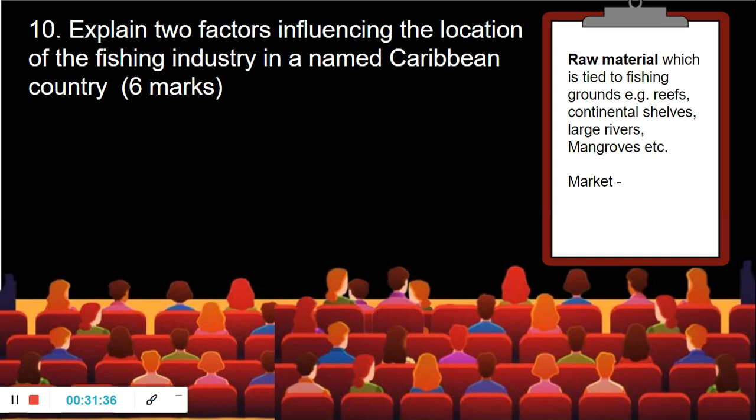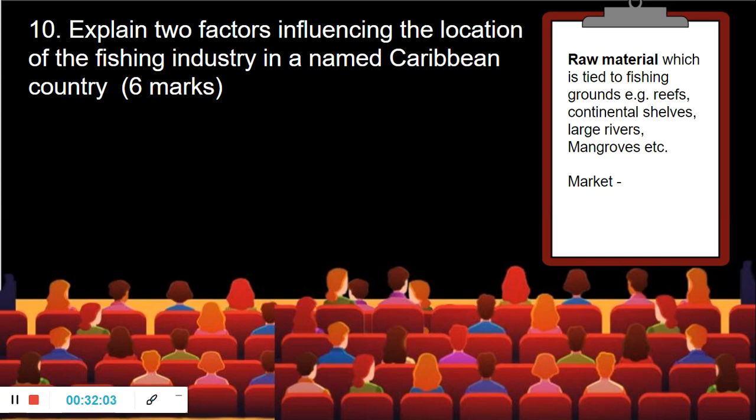All right, now another factor that you could talk about is market. All right, and you could talk about the fact that where Belize is located, it is relatively close to the main markets in the USA, for example, and Europe, because the Caribbean is centrally located.